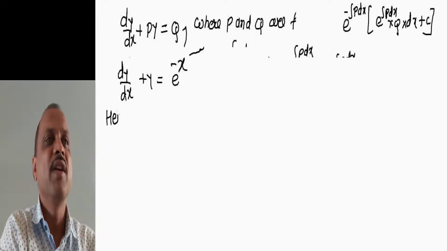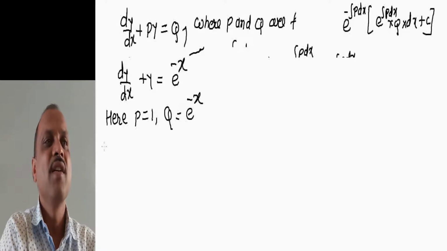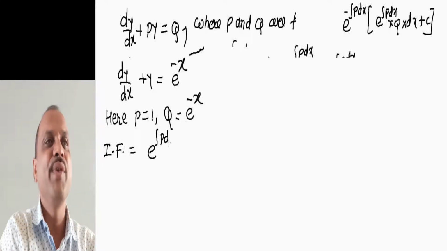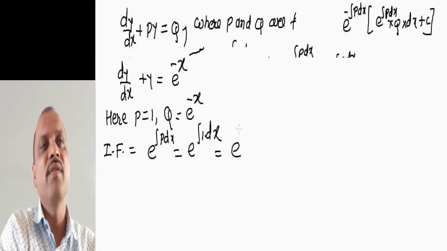So friends, here you can compare this, we get p equal to 1, q equal to e raised to minus x, integrating factor equal to e raised to integration of p into dx, equal to e raised to integration of 1 into dx, equal to e raised to x, since integration of dx is x.